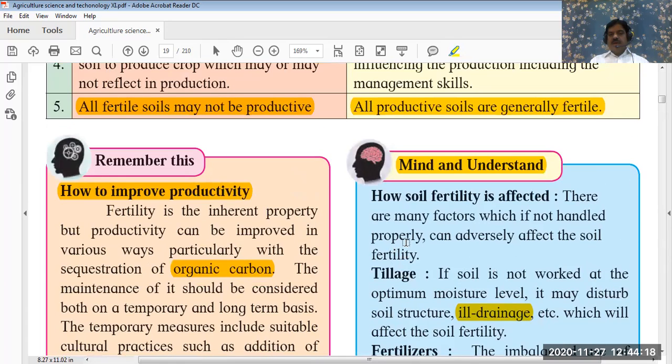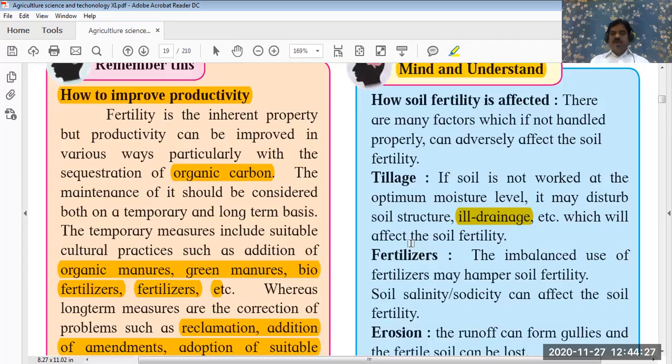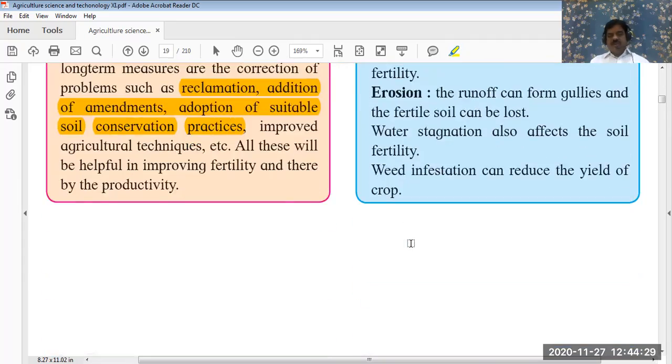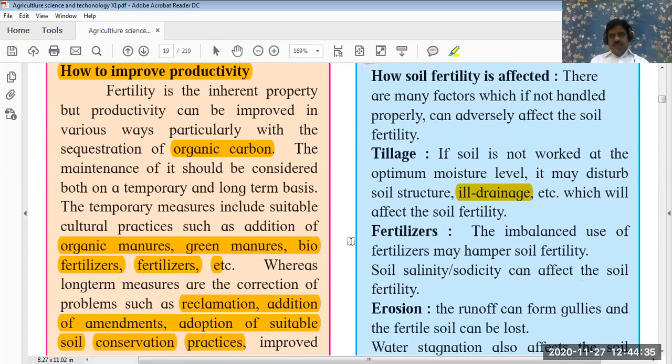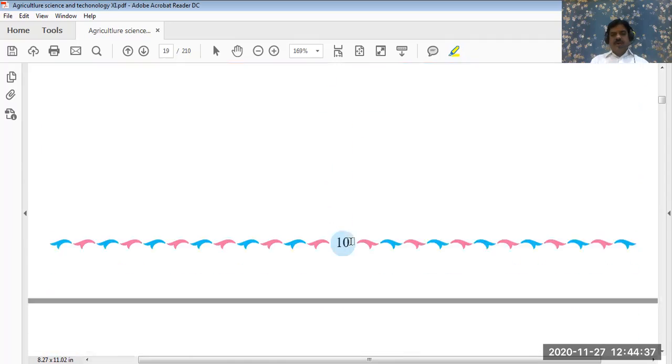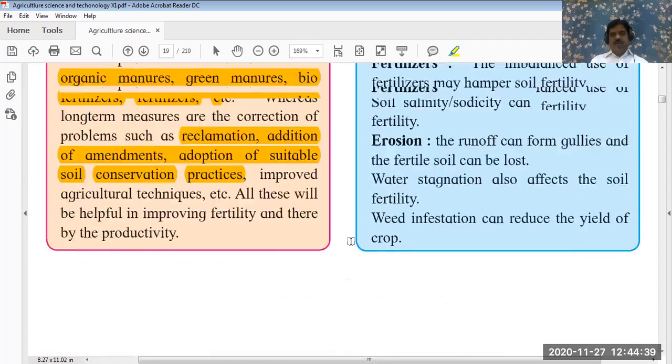So soil fertility and productivity can decrease due to many of these things, and can also increase if proper management is done. So this is about soil fertility and productivity.